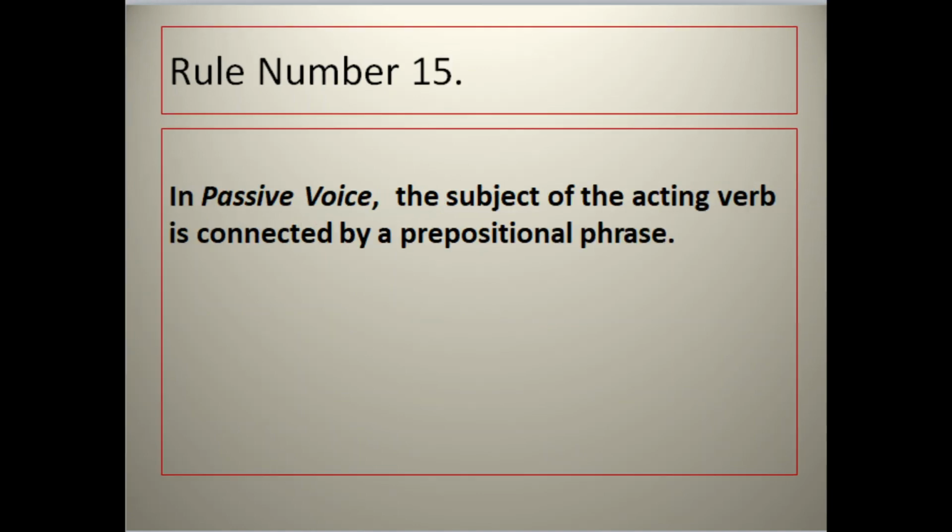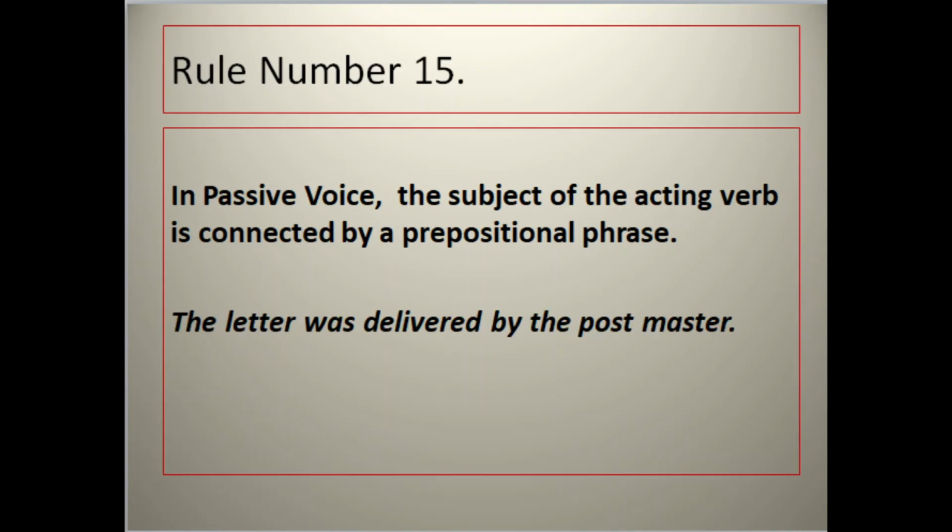Rule number 15. In passive voice, the subject of the acting verb is connected by a prepositional phrase. Example, the letter was delivered by the postmaster. Passive voice sentences often include a prepositional phrase that gives more information.